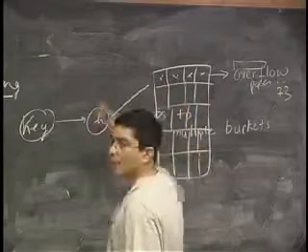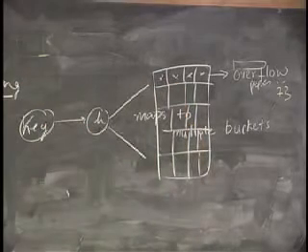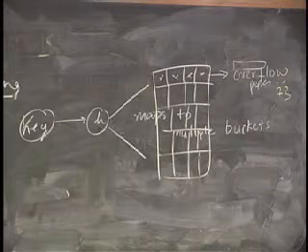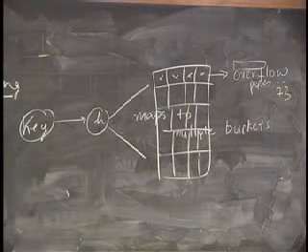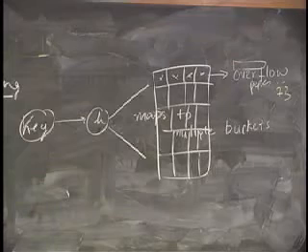Once you identify the bucket, you have to keep on reading more pages from the disk. One way to handle this is to keep it 80% occupied to start with, so you have enough space to add more.